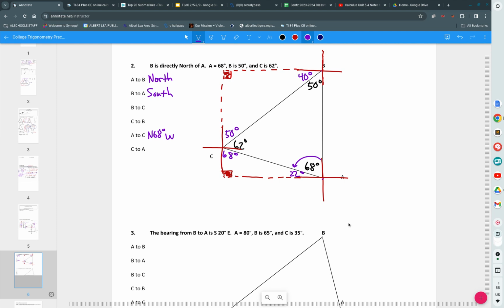Now I'm going to go from B to C. I describe the direction as southwest. So Lily, from south, how many degrees did you turn towards the west? 50. Try the last two on your own.